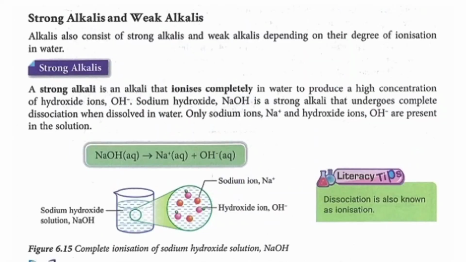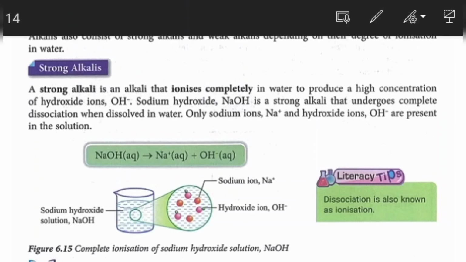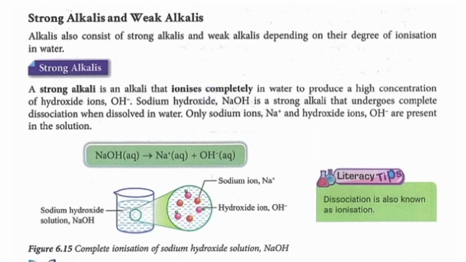It is the same with strong alkali and weak alkali. A strong alkali is an alkali that ionizes completely in water, so it will produce a high concentration of hydroxide ion. For example, sodium hydroxide ionizes completely in water to produce sodium ion and hydroxide ion. After the dissociation, there is no NaOH left, no NaOH molecules that have not ionized in the water. So we call this a strong alkali.